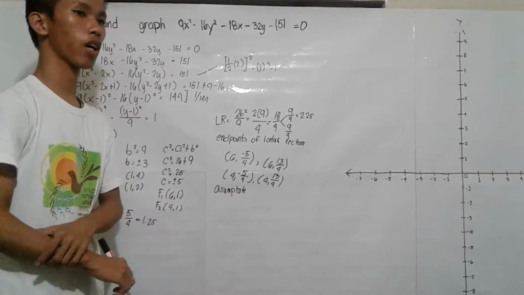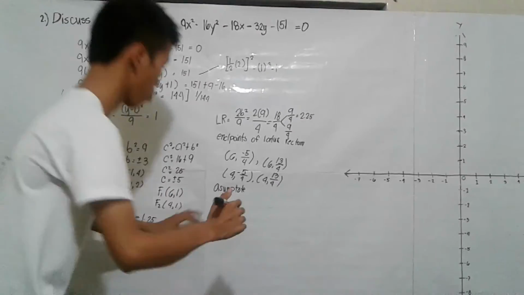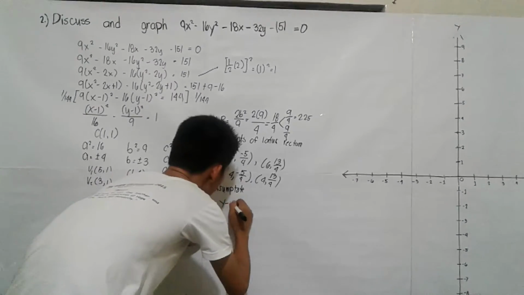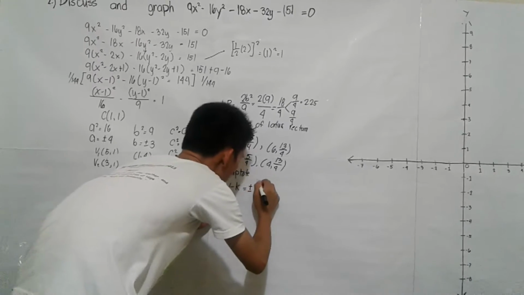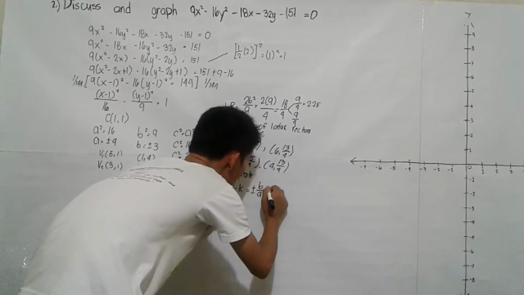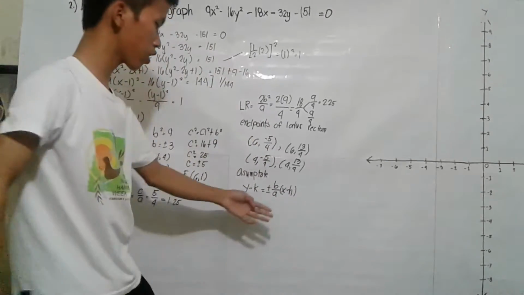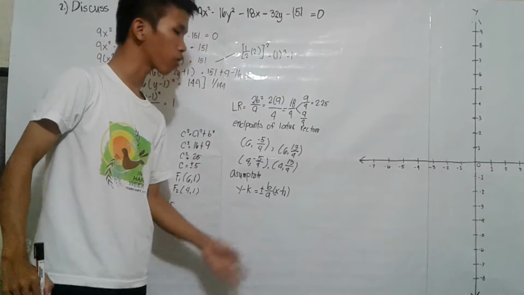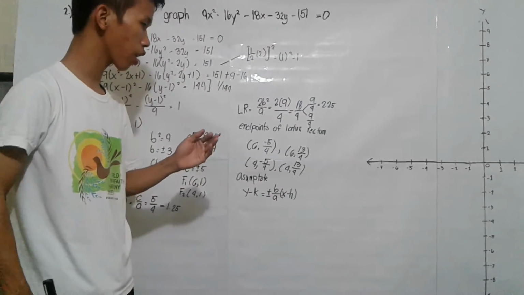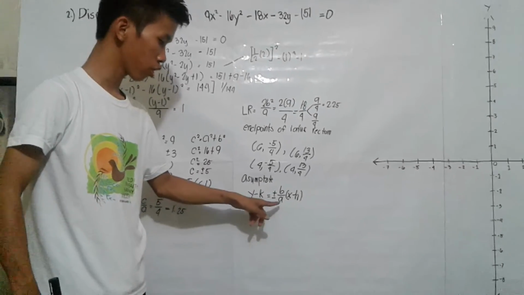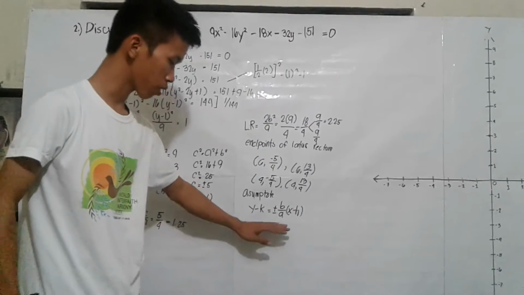So let's find out the value of our asymptotes using the formula y minus k is equal to plus and minus b over a times x minus h. So this is the formula for the x-axis. So if the transverse axis is in the y, this will become the reciprocal. So now we use this.